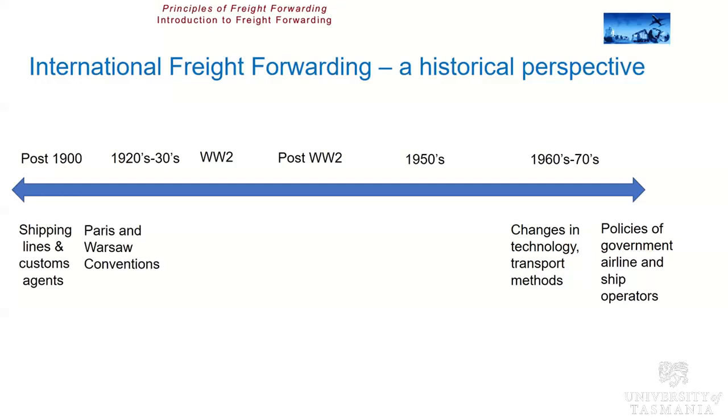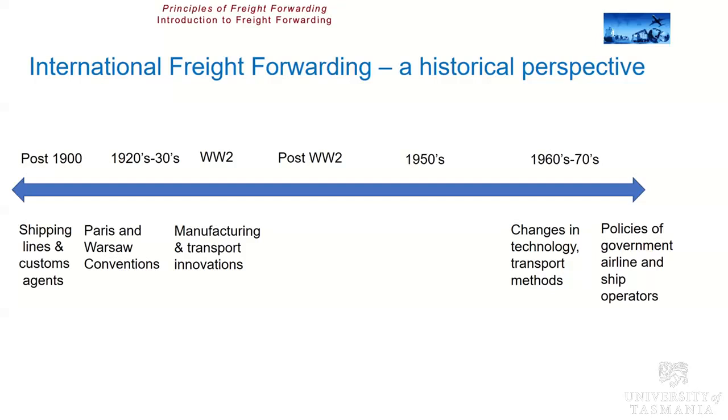The 20s and 30s were quite a time where a lot of things were happening. Air transport was evolving. There were a number of conventions coming along the way, but it was also the time of war. So the freight forwarding role hadn't taken effect at that particular period of time.